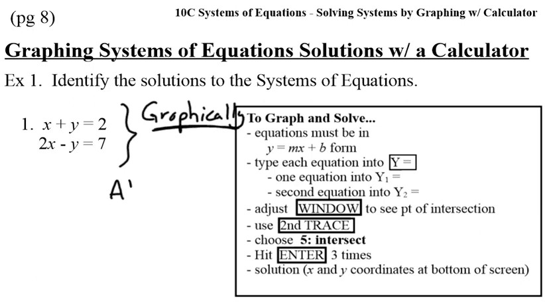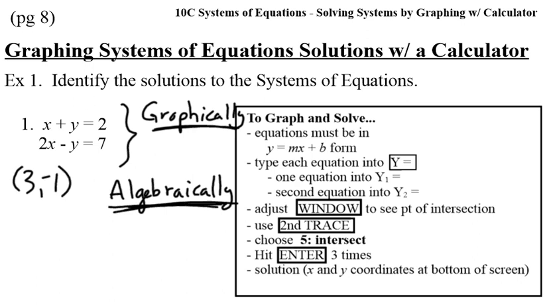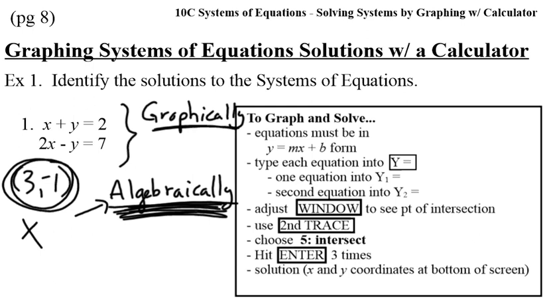If this question had said algebraically solve, that means if you just put the answer and said, oh, it's 3, -1, algebraically, which we're going to get to, means you have to show work. If you don't show any work and it says algebraically, it's wrong. You haven't shown me you know what you're supposed to do.